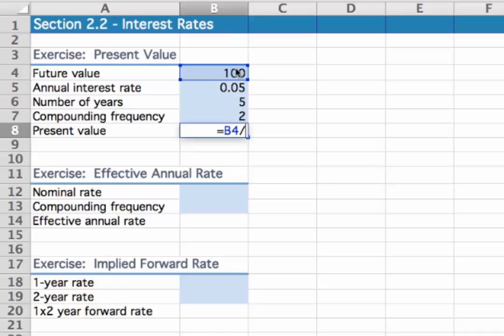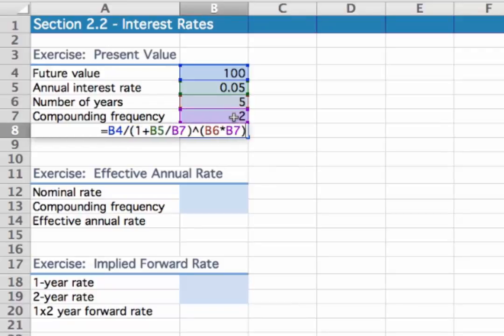So we divide by 1 plus the rate per period, which is the 5% annual rate, but paid in 2 equal installments. So we divide by 2. And we're going to raise that whole factor to a power equal to the number of periods over which we're compounding, which in this case is 5 years times 2 periods per year.